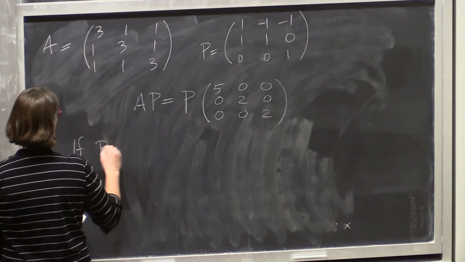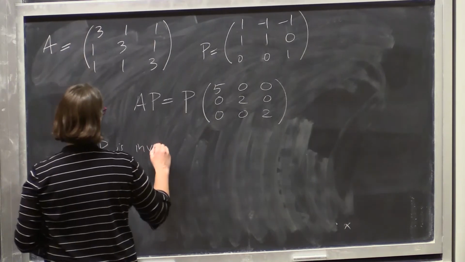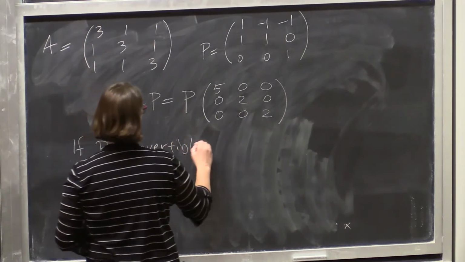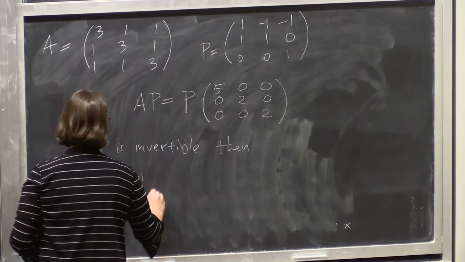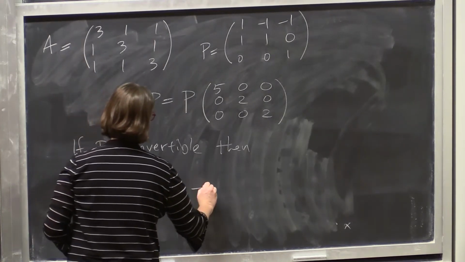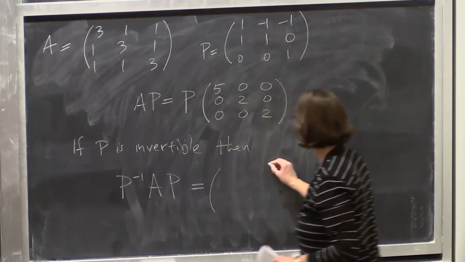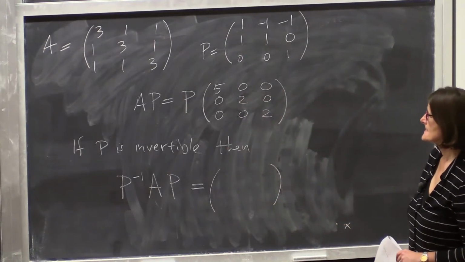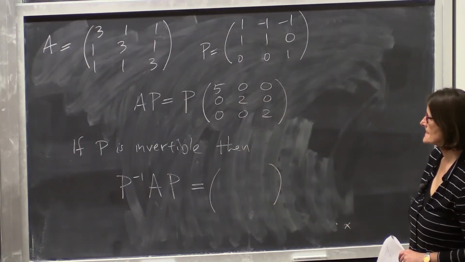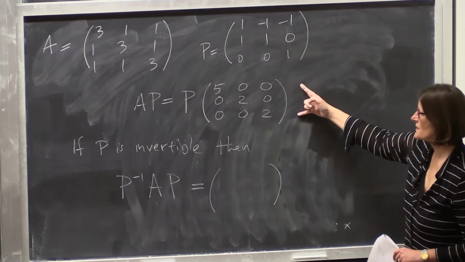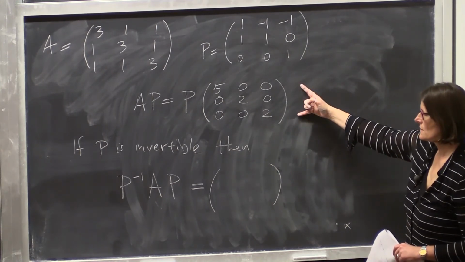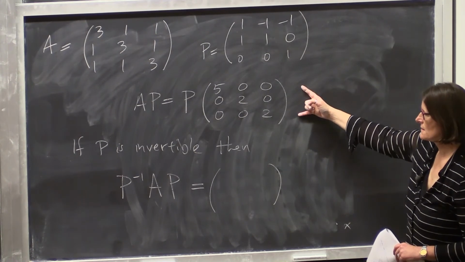If P is invertible, then P inverse A times P is equal to what? So multiply this by P inverse on the left-hand side.